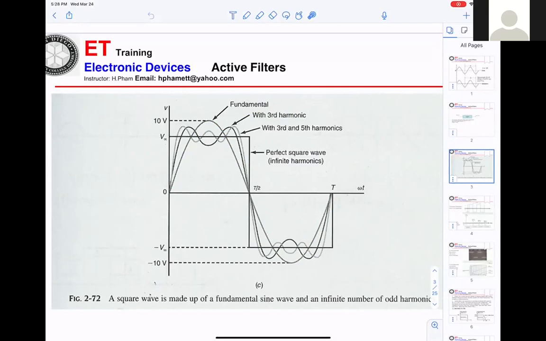And the next one will be the fifth harmonic, 5 kilohertz, and keep going. That's why they make up the square wave. So basically the square wave is made up of sine waves with infinite harmonics.